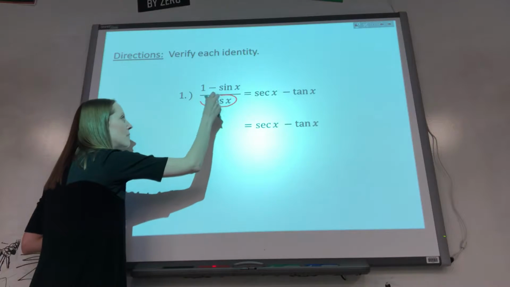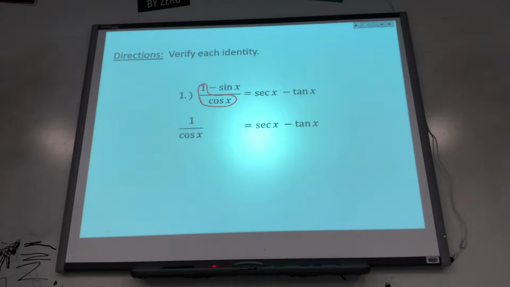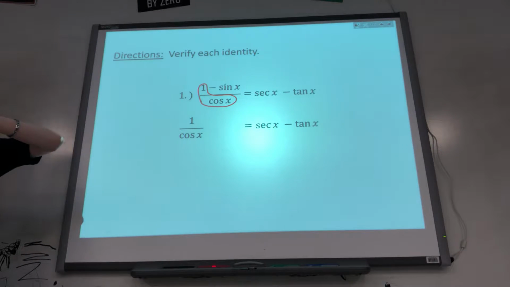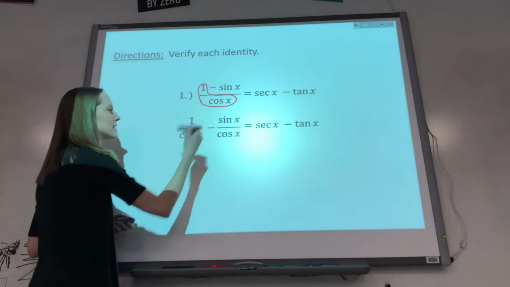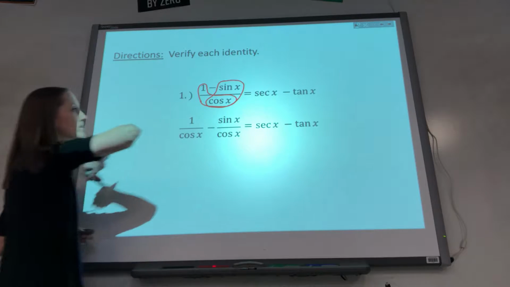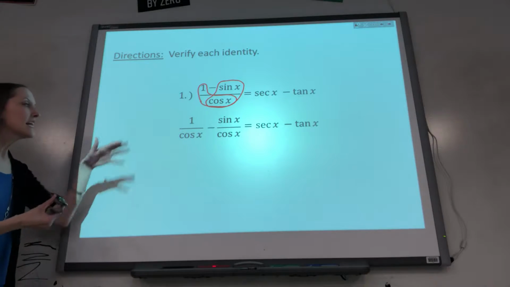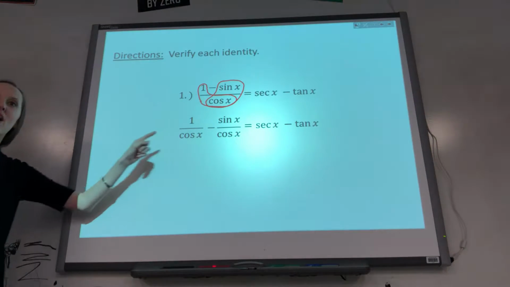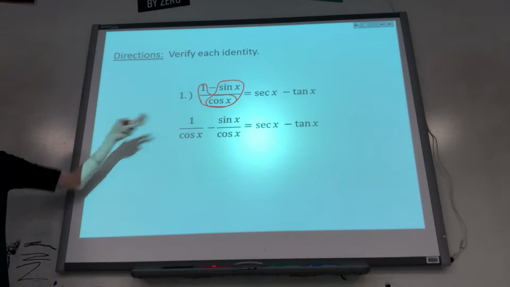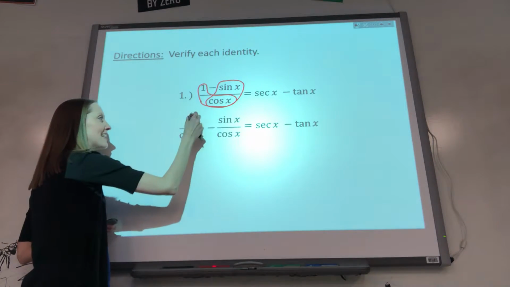Now, when you do that, you'll start with 1 over cosine of x. The example I put up earlier had a plus sign. This is a minus. It doesn't really matter. But minus sine of x over cosine of x. Keep looking at what you're going for. How could I rewrite 1 over cosine of x? Secant of x, so that's nice.